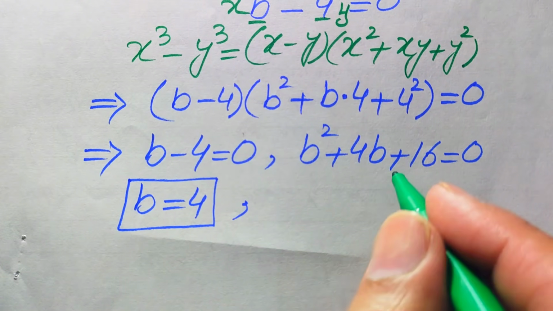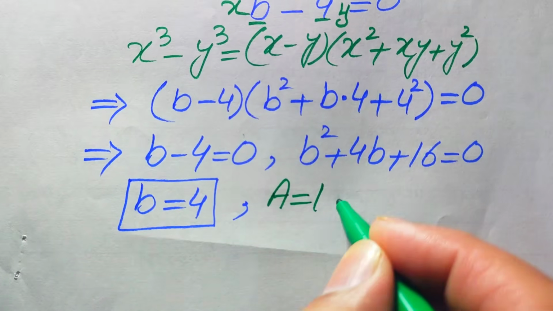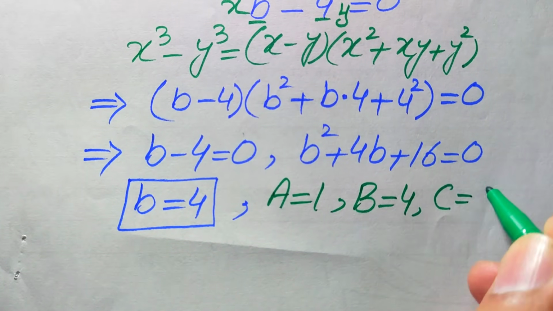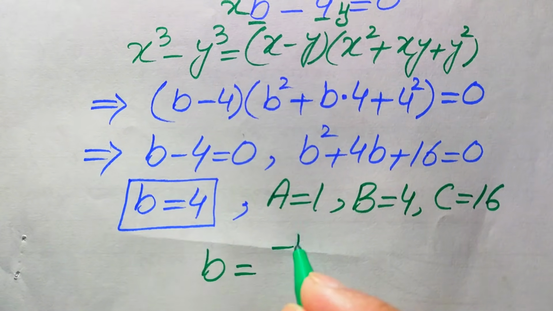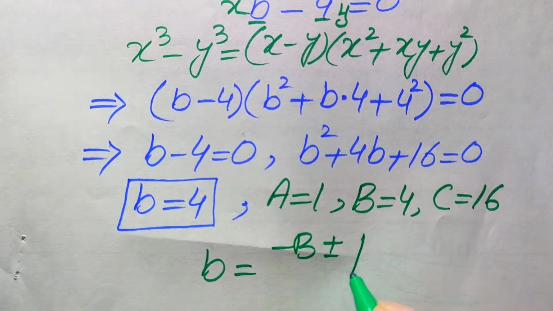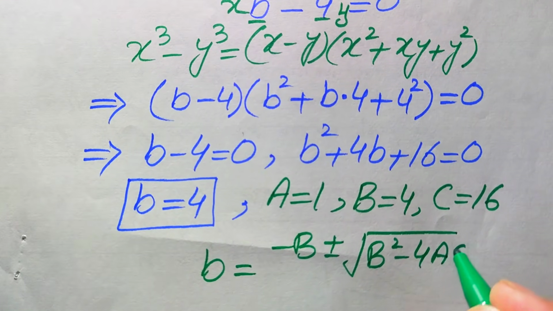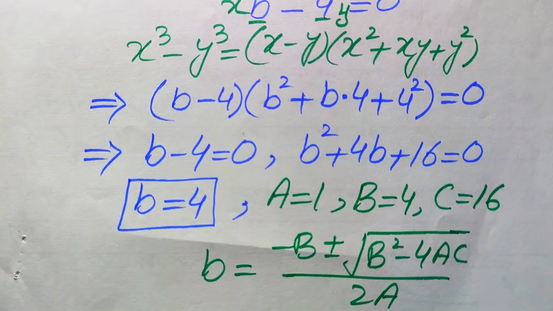For this we write the coefficients: a equals 1, b equals 4, and c equals 16. We state the quadratic formula as b equals minus b plus minus square root of b squared minus 4ac, divided by 2a.